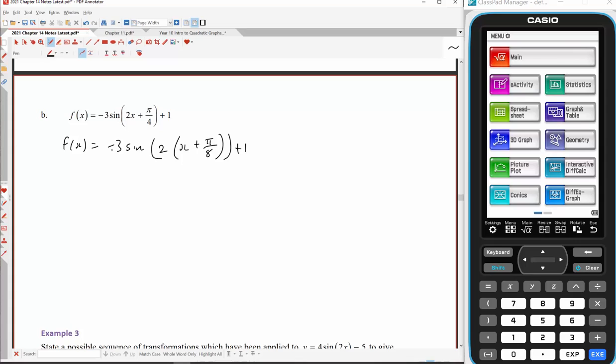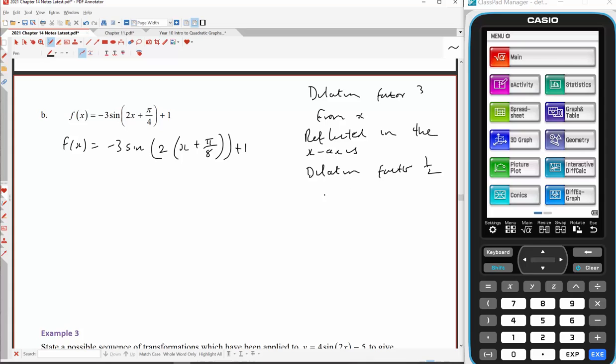So what we've got is dilation, so this is a dilation factor 3 from x. It's reflected in the x-axis. This 2 represents a dilation factor half from the y-axis.